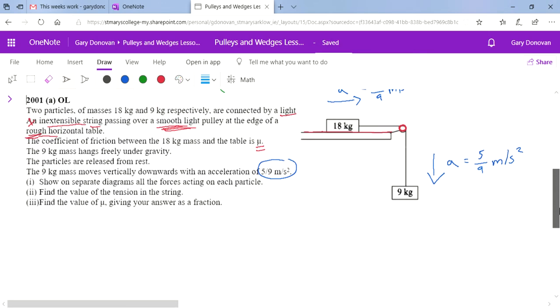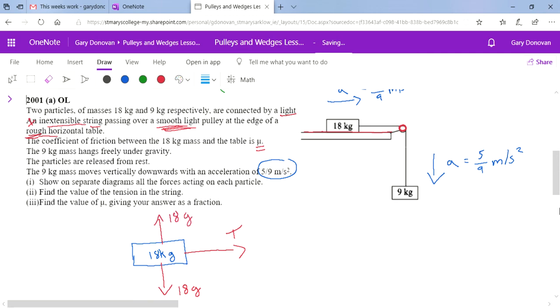So the first thing we always do, even if they don't ask it, is do our force diagrams. For the 18 kg mass, what forces are acting on it? Well, it's being pulled to the right by the string, so we've T for tension. Its weight is pulling it down, so that's its mass times gravity, which is 18 times g. And because this is a flat table, the normal reaction force is also going to be 18 times g.